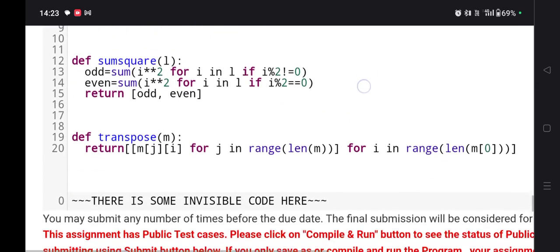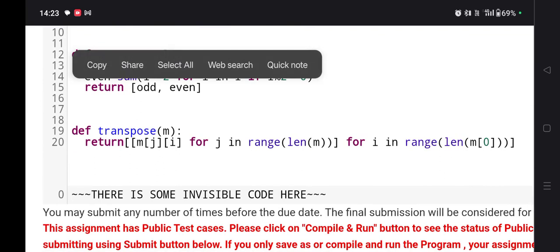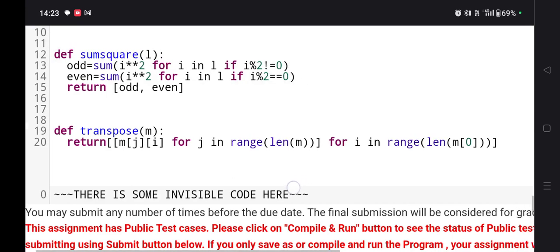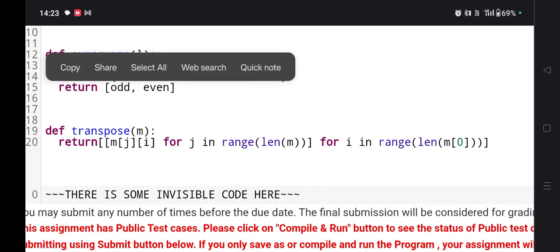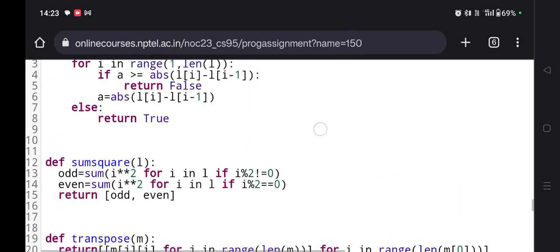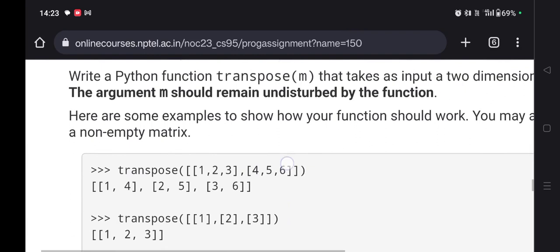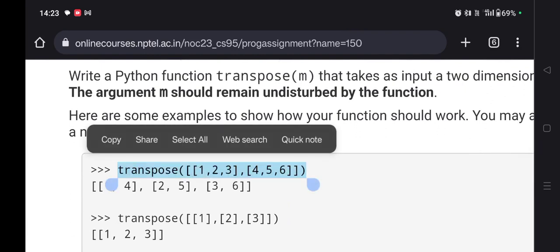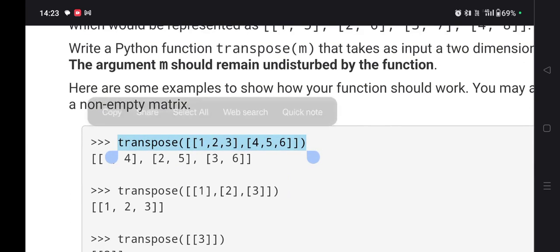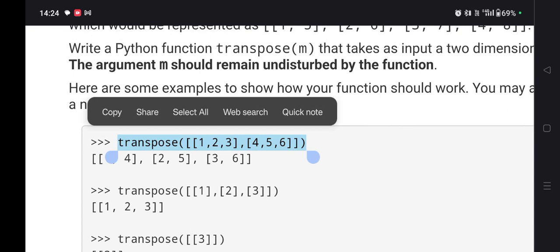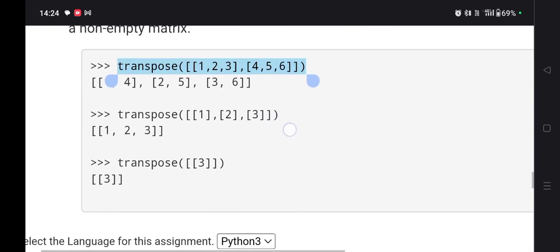So what code have we written? Very simple code. def transpose(M), return M[j][i]. j means column, i means row. At first we are writing for j in range(len(M)). Why have we written the length of M? Length is the function that gives the total number of lists, which is 2.